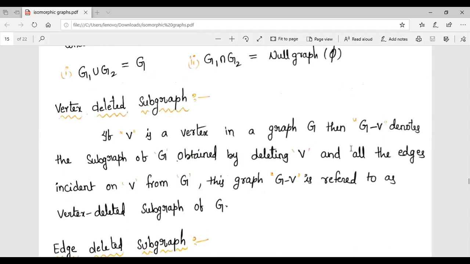G minus v denotes the subgraph of G obtained by deleting v and all the edges incident on v from G. This graph G minus v is referred to as the vertex deleted subgraph of G.